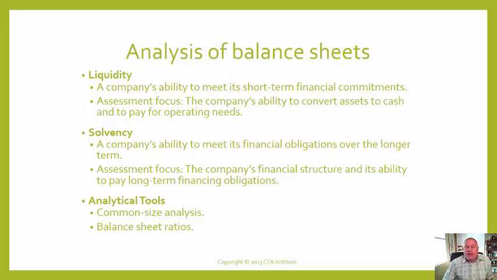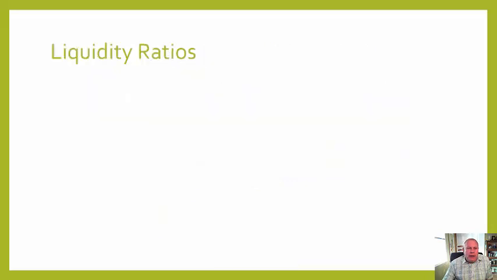Then we have solvency, which is a long-term view, and it looks at the company's financial structure and its ability to pay long-term financing obligations. The tools we use when we look at a balance sheet are common size analysis, which we talked about, and then balance sheet ratios.